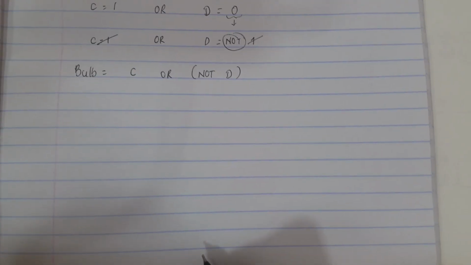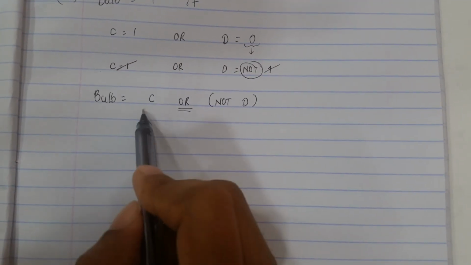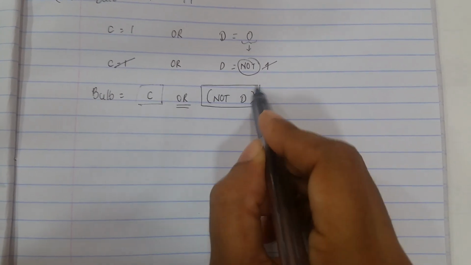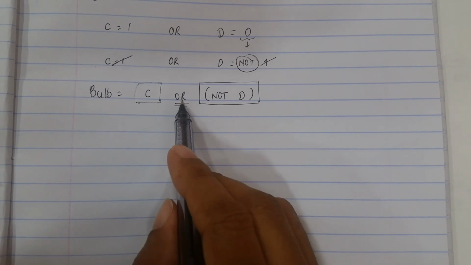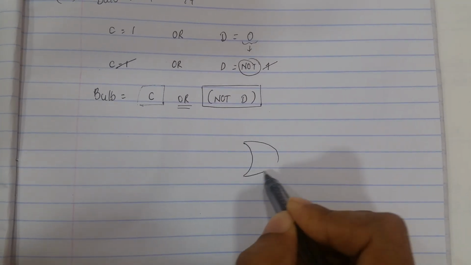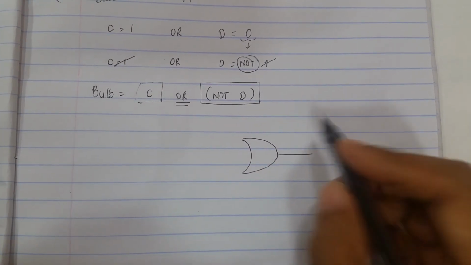Okay, now how do I construct it? This is the gate in between the two lines. So I am going to draw my O gate first. So the output is bulb.